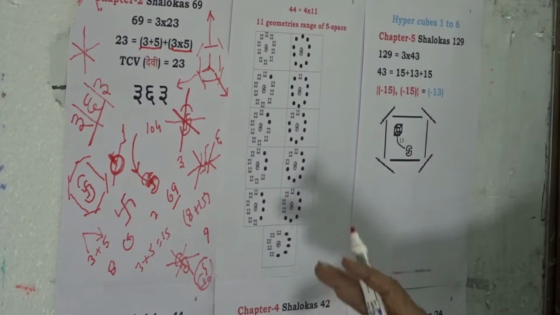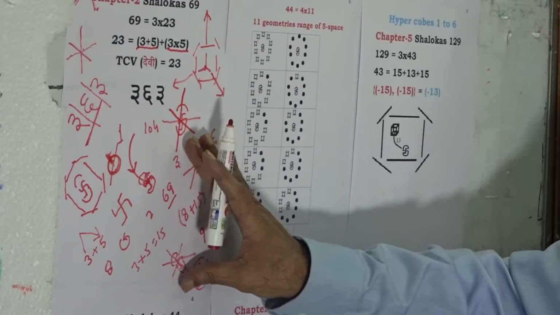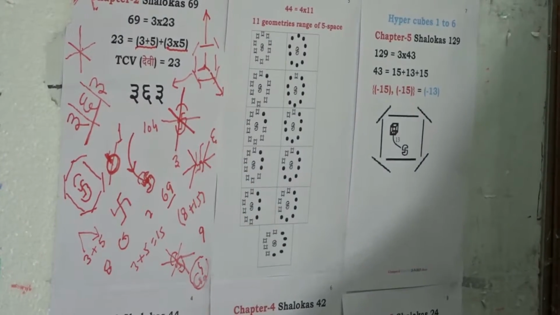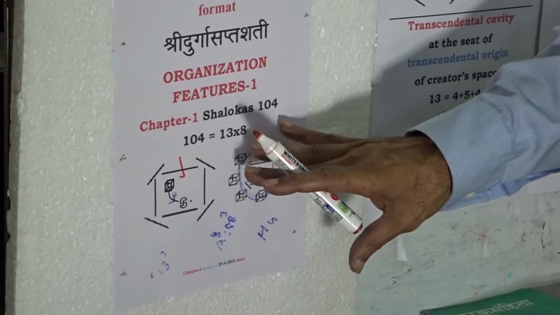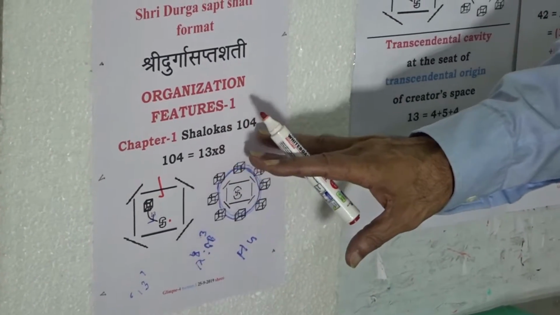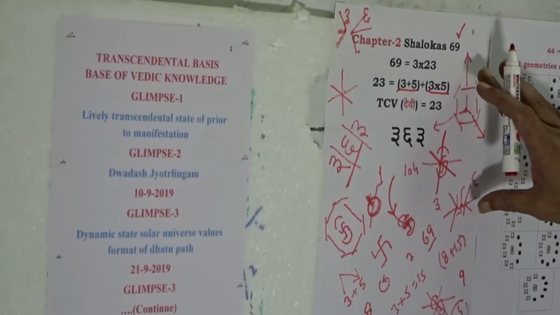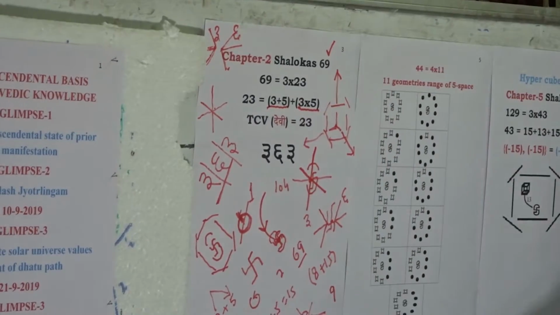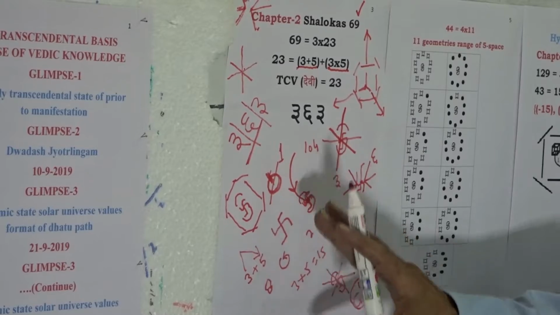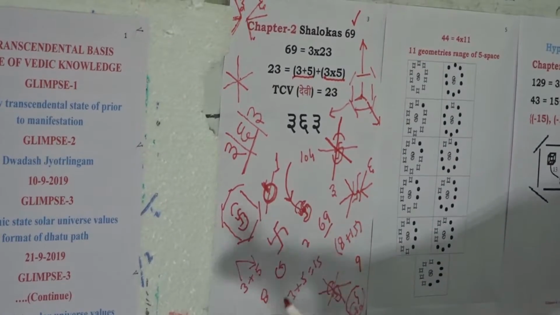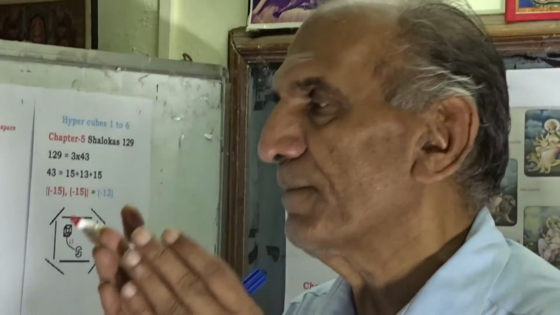Now, these are the features which are simultaneously at work, in terms of which there happens to be a continuity as well as a transition from the organization format of chapter 1 of 104 shlokas range to chapter 2 of 69 shlokas range. It is this relationship, this transition, this format, this transformation which deserves to be comprehended.